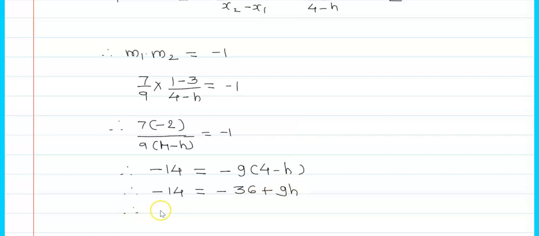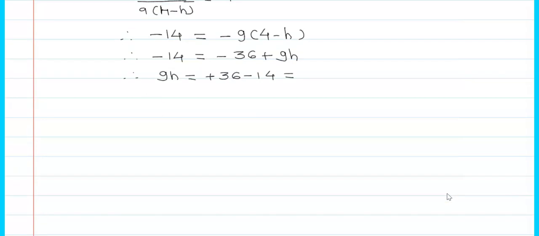Therefore 9h is equal to plus 36 minus 14, that is equal to 22. Therefore 9h is equal to 22, and hence h is equal to 22 upon 9. Okay, and this is the answer.